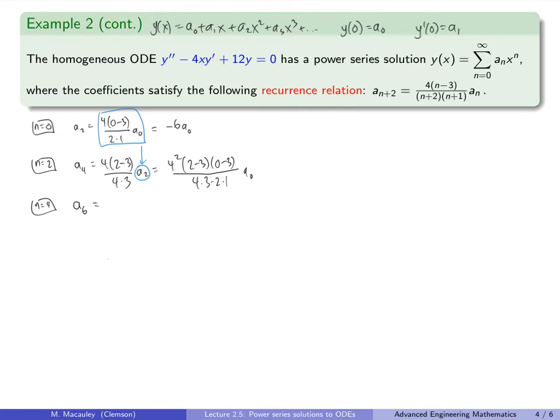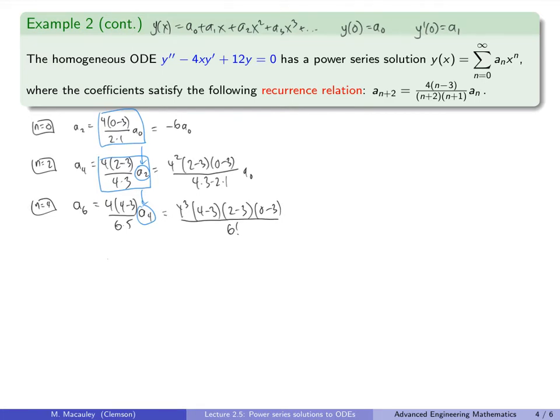If n equals 4, we get a6 equals 4 times 4 minus 3 over 6 times 5 times a4. Once again, we plug that whole thing into a4, and we get 4 cubed times 4 minus 3, 2 minus 3, 0 minus 3 over 6 factorial.